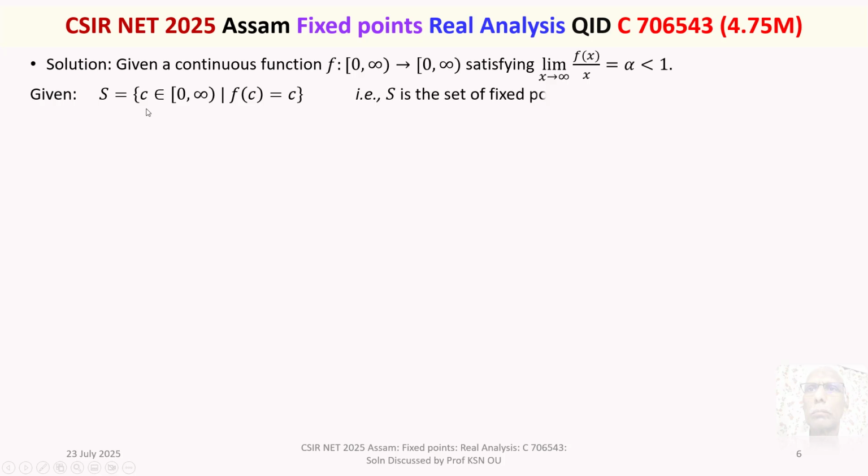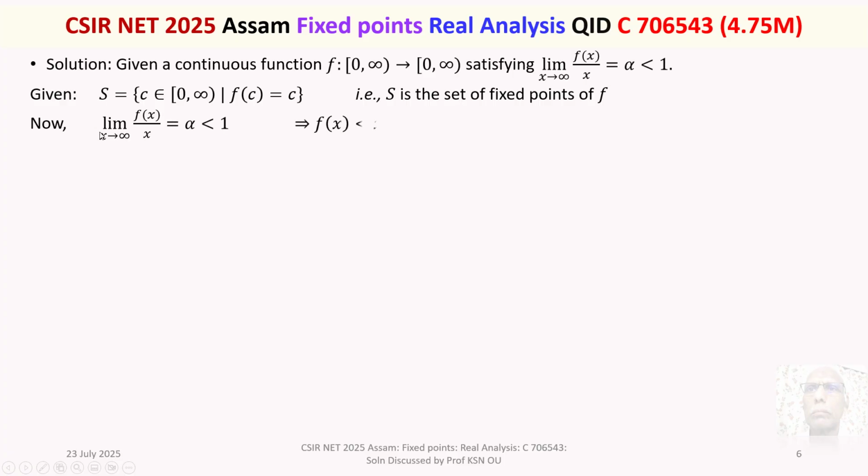Given S is the set of all those elements c belongs to the interval such that f of c is equal to c. That is, S is the set of fixed points of f. And the first two options ask us, is S empty or S non-empty?